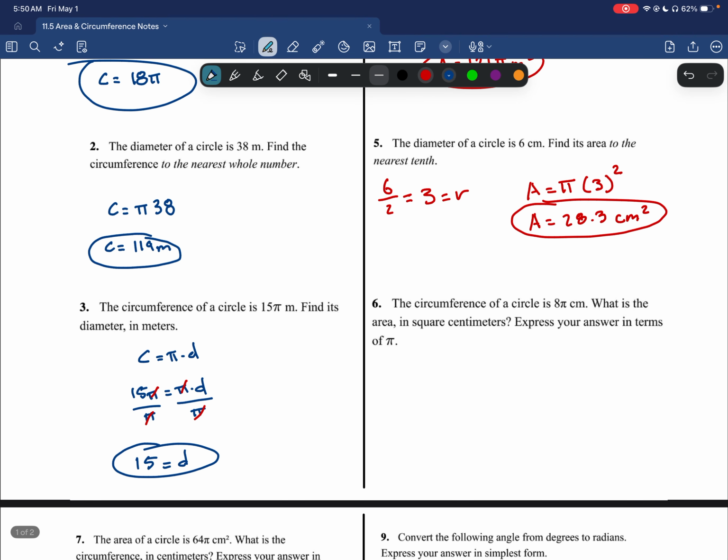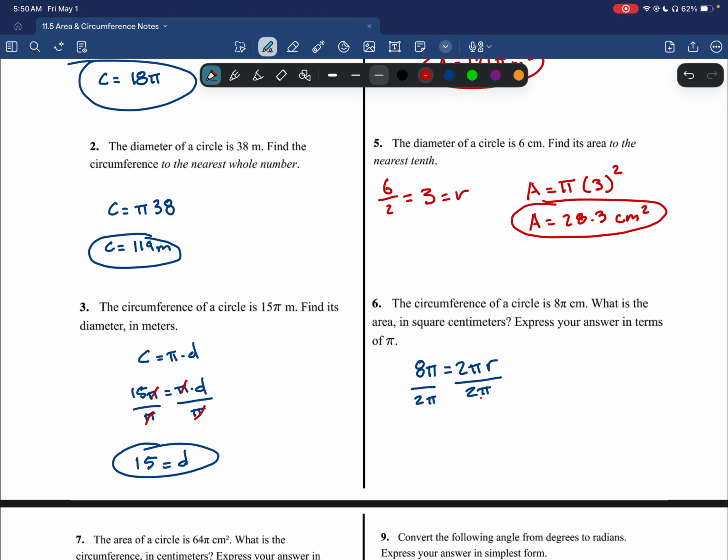So it's going to look like my circumference, C, which I know is 8 pi, is equal to 2 pi times my radius, okay? So I just plugged 8 pi into that equation, and notice now I can get r all by itself by dividing both sides by 2 pi.